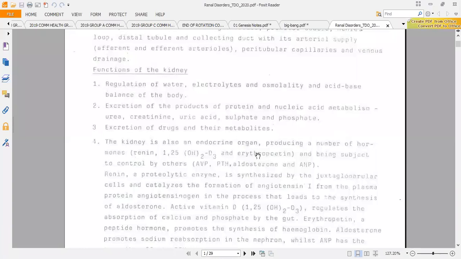Renin in itself is not a hormone. It's an enzyme, but people classify it as a hormone. So remember that. We know the function of renin in the renin-angiotensin-aldosterone system.